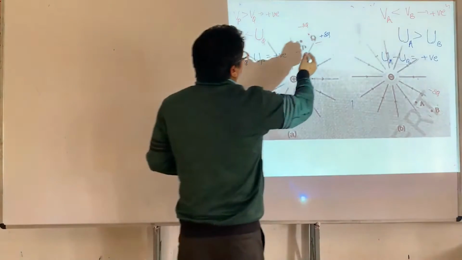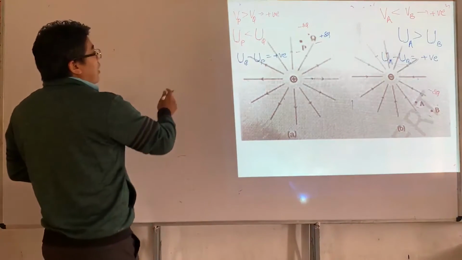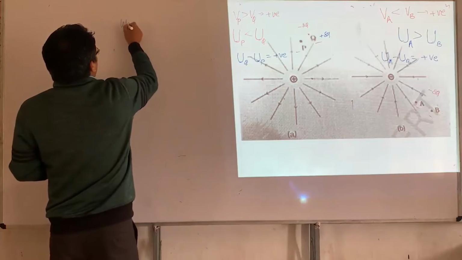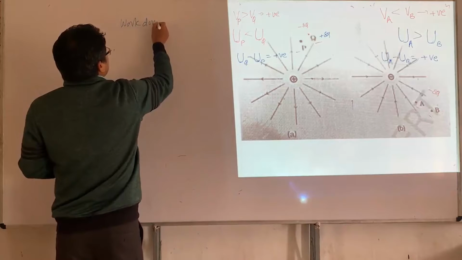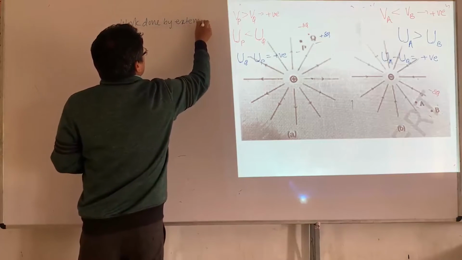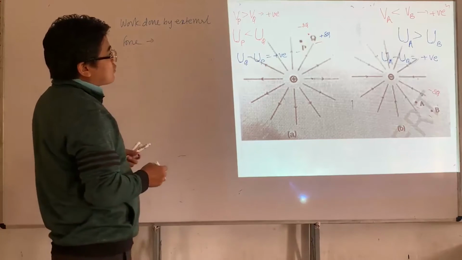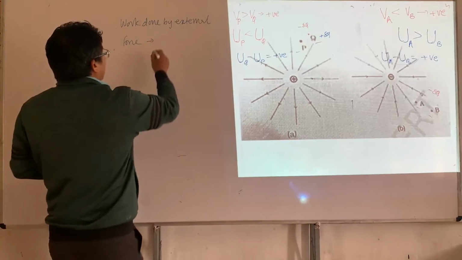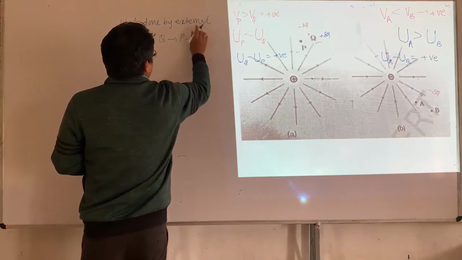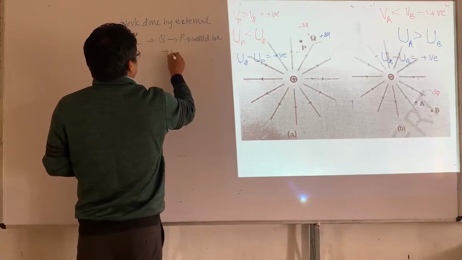If I bring one positive charge from this to here, the work done by the external force is going to be, this is a little confusing, work done by the external force from Q to P, would be positive.